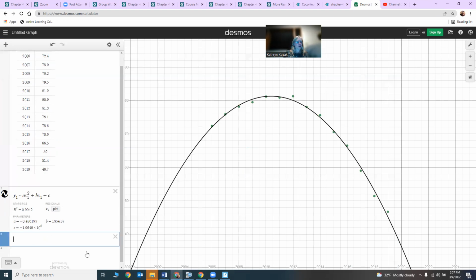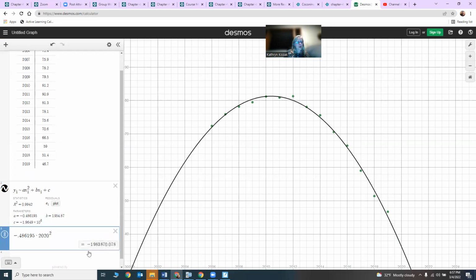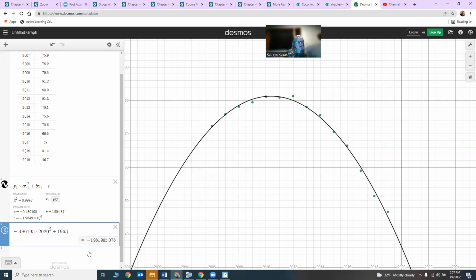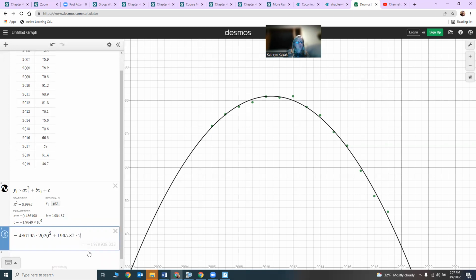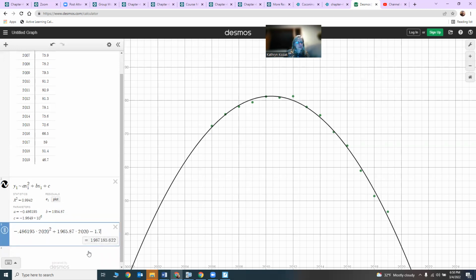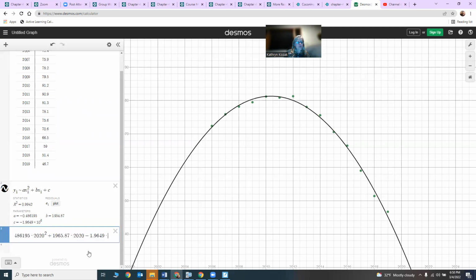In Desmos, if you want to do this, you would just type in your negative 0.9, negative 0.486195 times 2020 squared, plus your B, which is 1954.87 times 2020, and then minus your 1.9649 times 10 to the 6th.